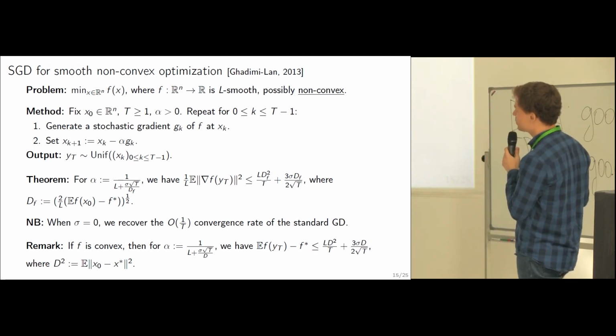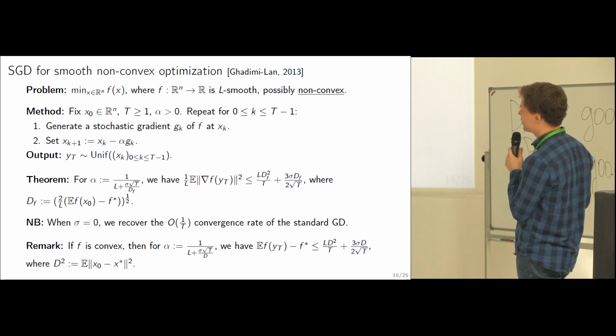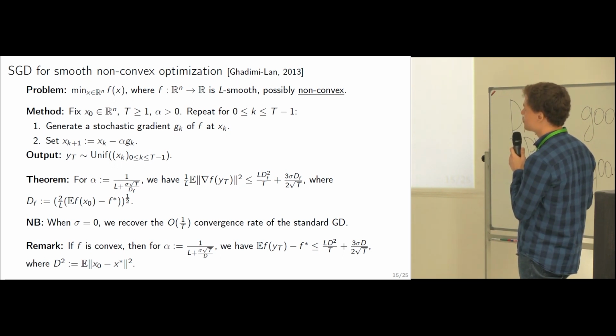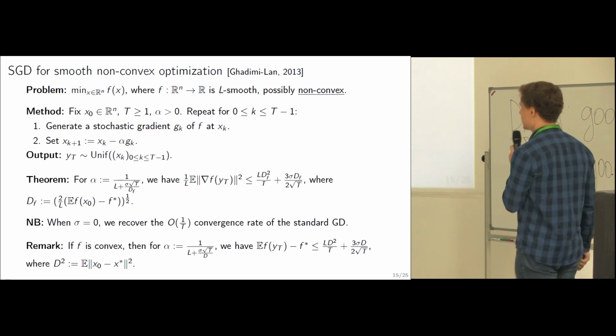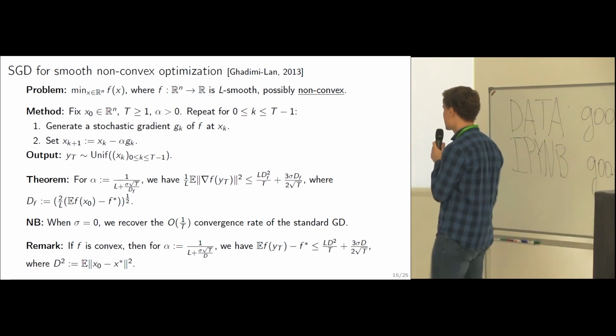If we look at this point, which is generated randomly, we obtain the same guarantee for convex optimization. So if our function is convex, then this random point, not the average point, gives us the same guarantee. So actually, the best thing is to use this approach if you do not know anything about convexity.